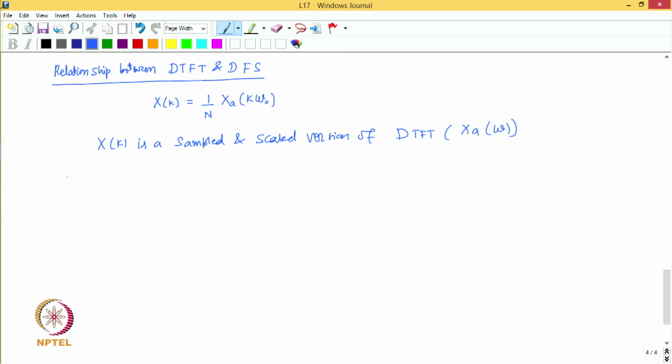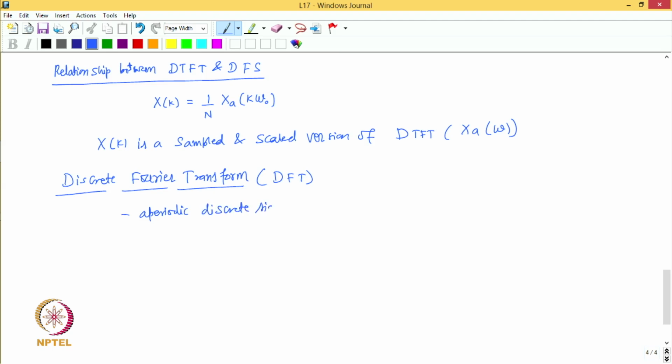Now we are going to look at what is called the discrete Fourier transform, abbreviated as DFT. Let us say we have an aperiodic discrete signal which we represent by x_a[n], and we are interested in finding its frequency domain representation.